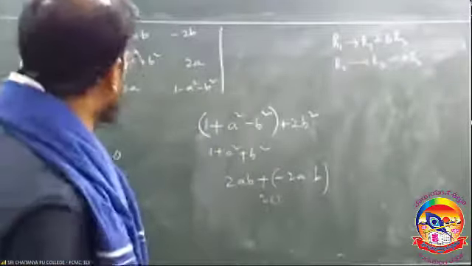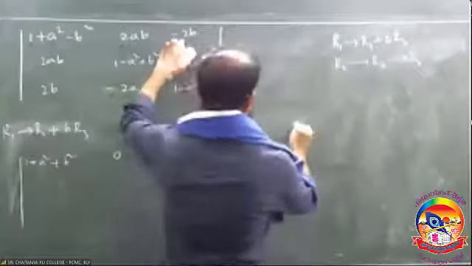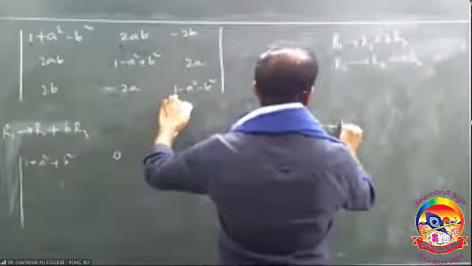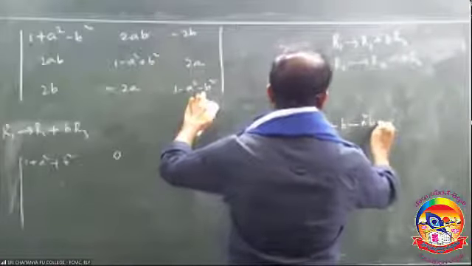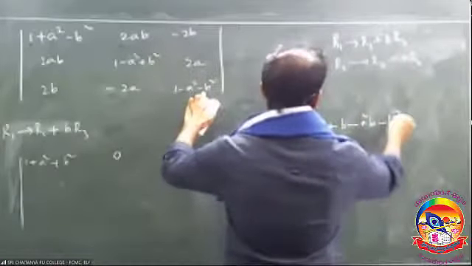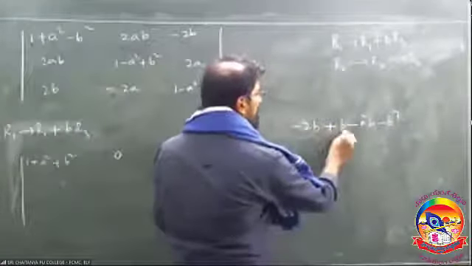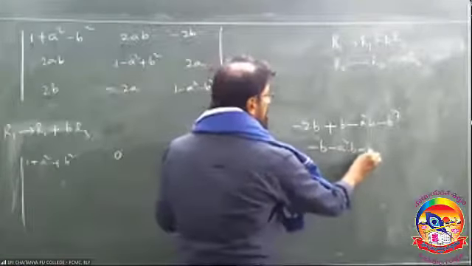And the third element, here it is minus 2b, observe, plus b into this, b minus a square b minus b cube I am going to get. So here minus 2b plus b, it is minus b minus a square b minus b cube.